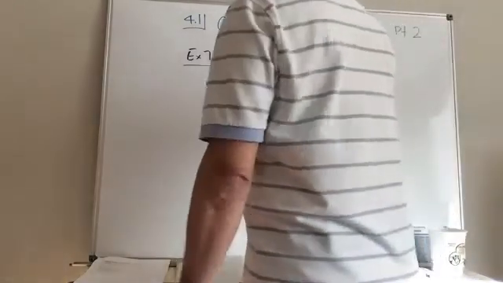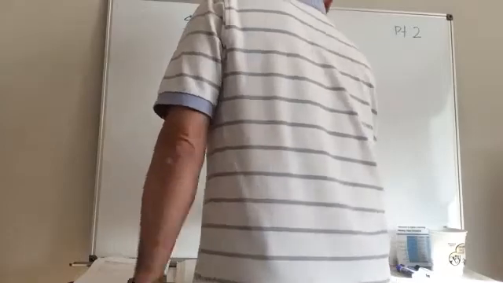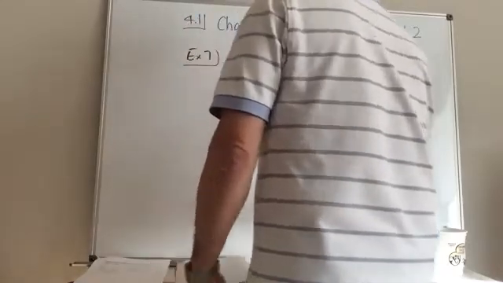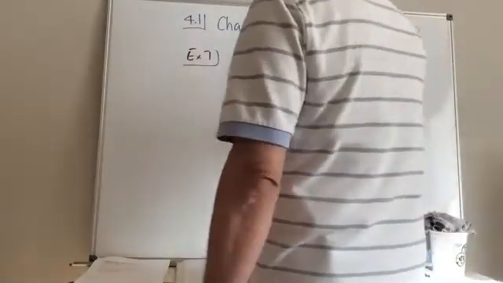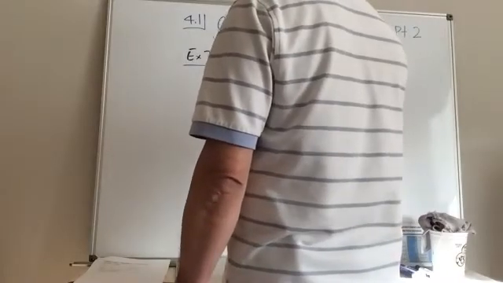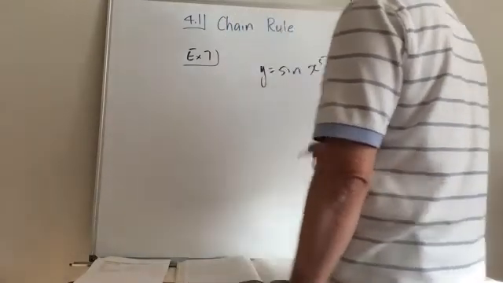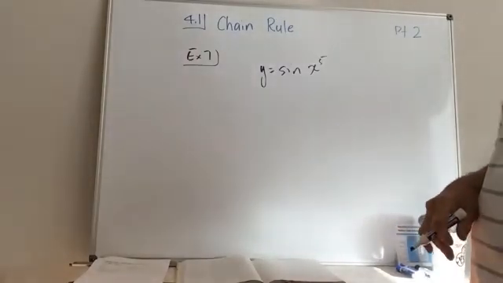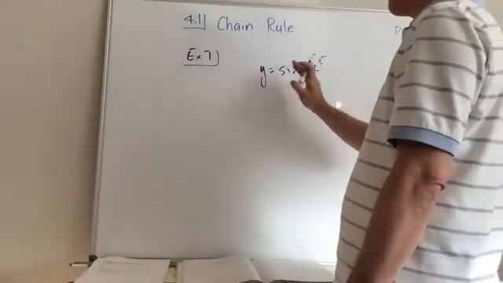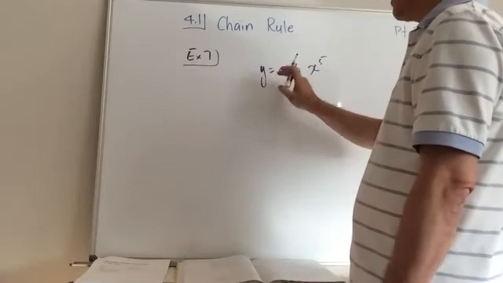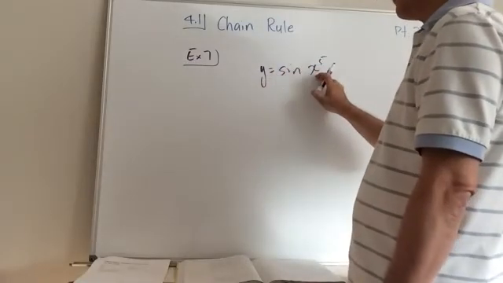Before we go on, realize that this is totally different than if I had y equal to sine of x to the 5th. Now it's not sine x to the 5th, it's the sine of x to the 5th.